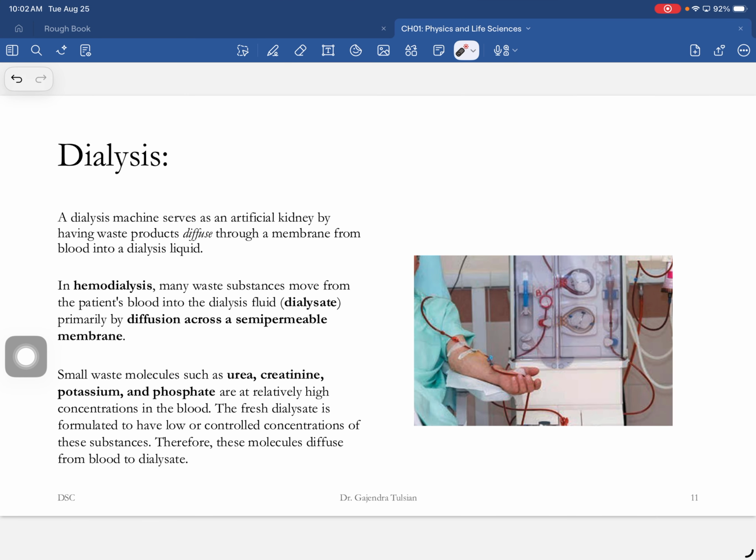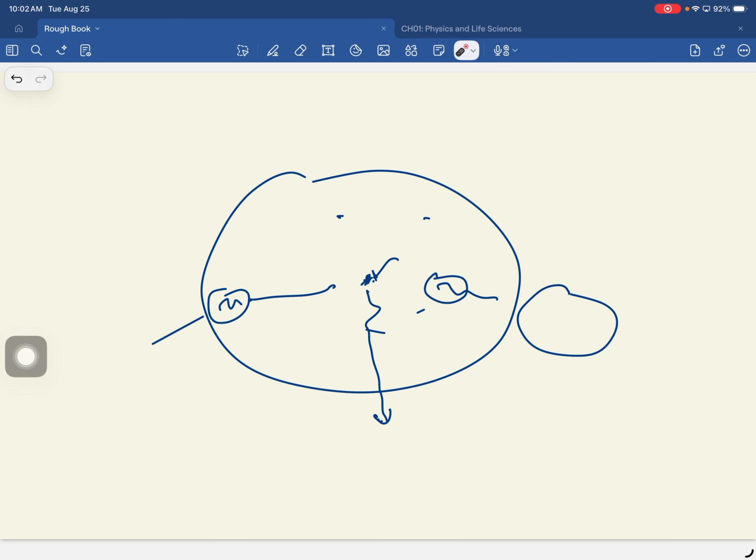A dialysis machine is an artificial kidney. It has waste products diffused through a membrane from blood into a dialysis liquid. So now you guys should be experts at dialysis. Here's what's happening.